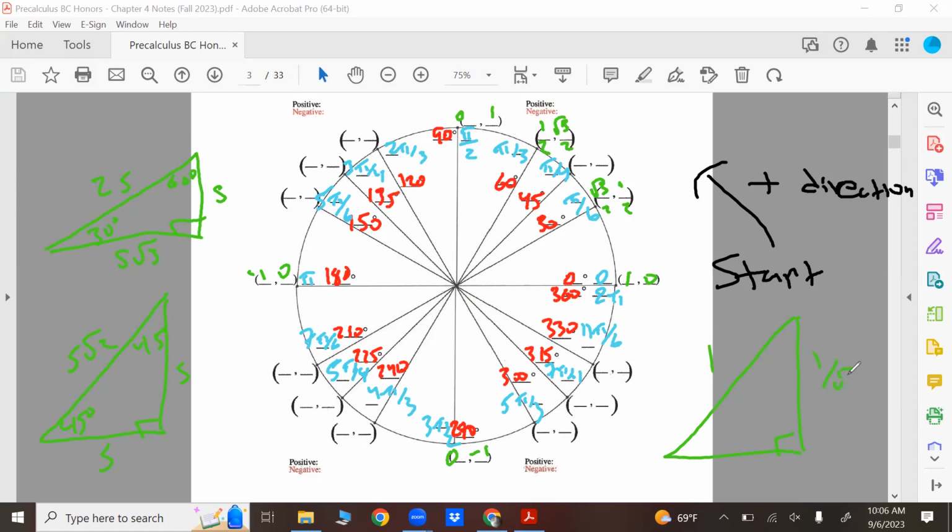So 1 over root 2, 1 over root 2. Or some people like to do root 2 over 2 if you rationalize the denominator. I actually don't care if you rationalize the denominator. It doesn't matter to me. But we'll do root 2 over 2. That's true for both. At this point, how are you going to do the coordinates for all the other stuff?